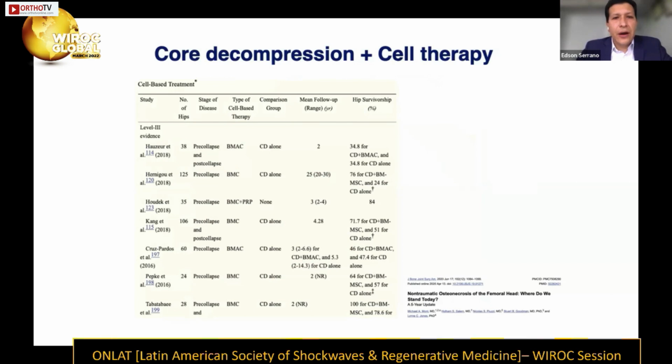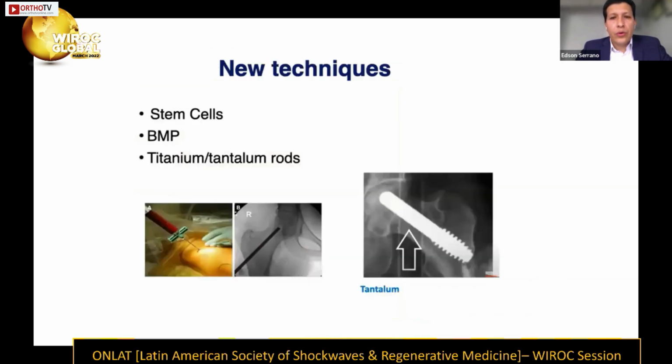Core decompression plus cell therapy: the most important study, in my opinion, is Hernigou et al., published in 2018, indicated in pre-collapse. Bone marrow was compared with only core decompression, and the results are much better with core decompression plus bone marrow mesenchymal stem cells compared with only core decompression.